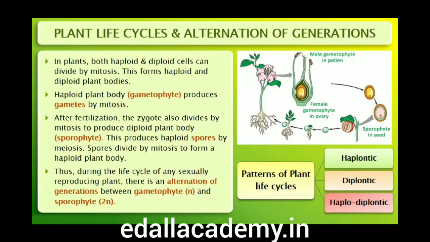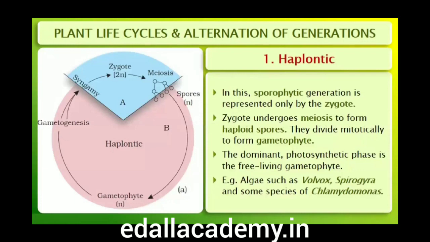Thus, during the life cycle of any sexually reproducing plant, there is an alternation of generations between gamete-producing haploid gametophyte and spore-producing diploid sporophyte. However, different plant groups, as well as individuals representing them, differ in the following patterns. 1.